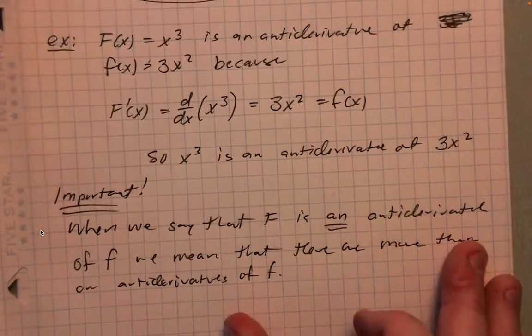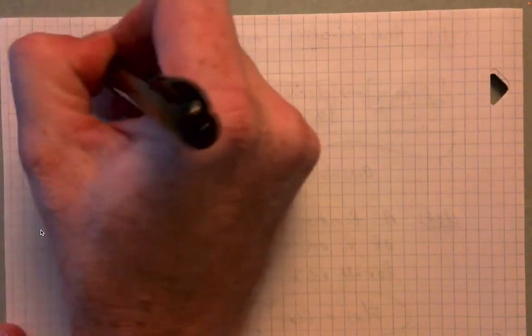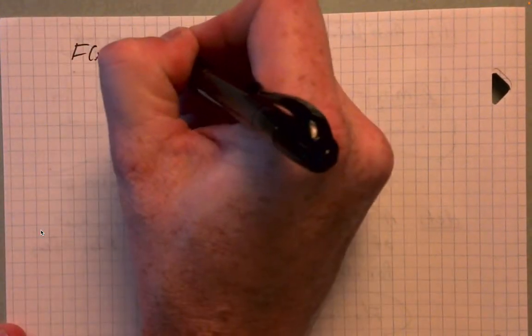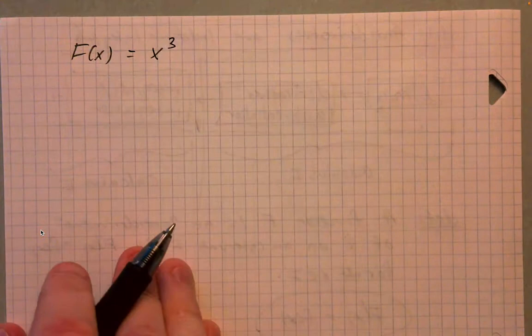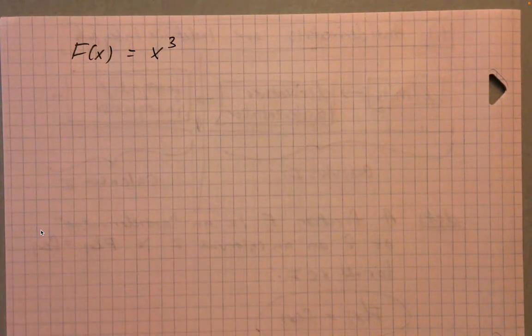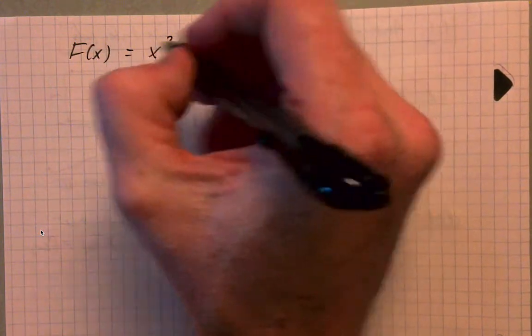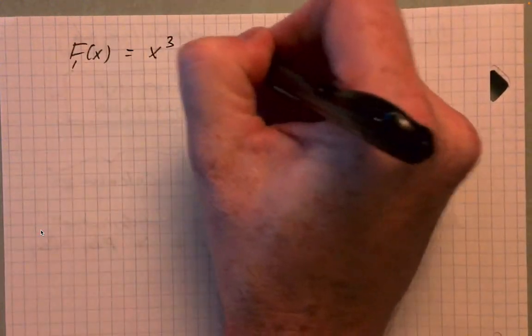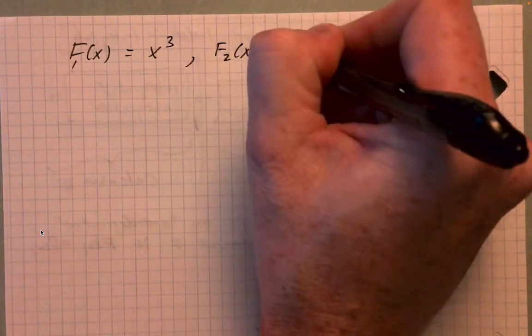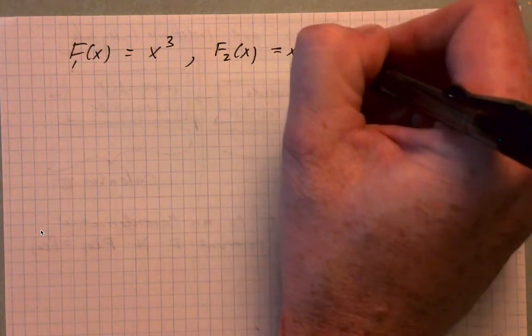Okay, so in the example we just looked at, we saw big F of x equals x cubed was an antiderivative of 3x squared. But here's another one. Let's call this F1. Another one would be x cubed plus 5.